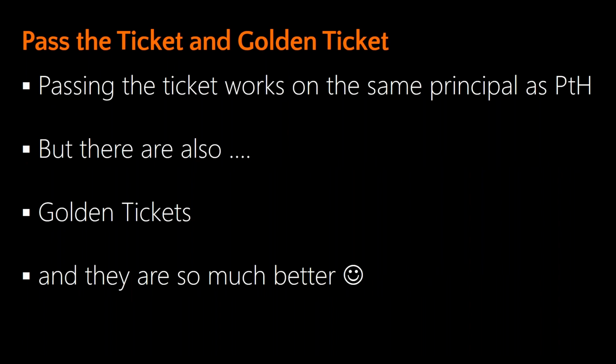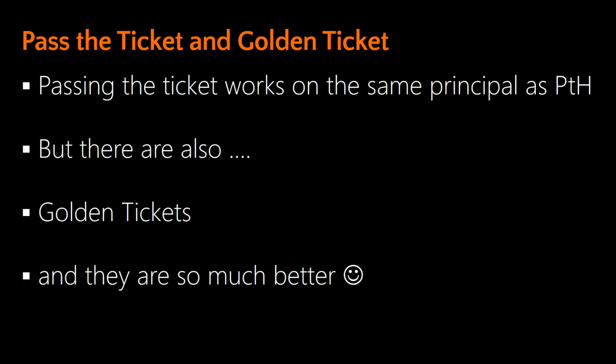Pass the ticket works very similar to pass the hash. The only difference is that I'm not passing the hash of a password. I'm passing a Kerberos ticket, which is also stored in LSASS memory space, which means that with Mimikatz, I can dump it, or I can write a tool similar to Mimikatz to do the same.